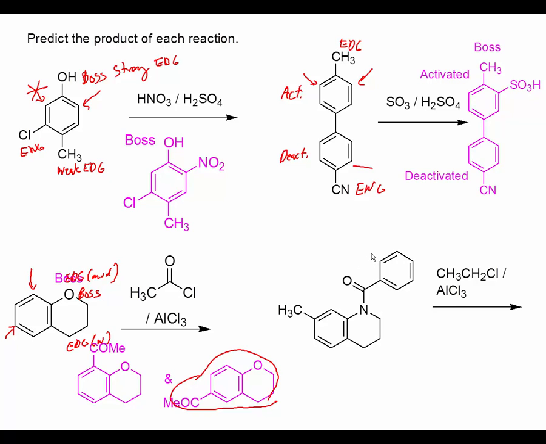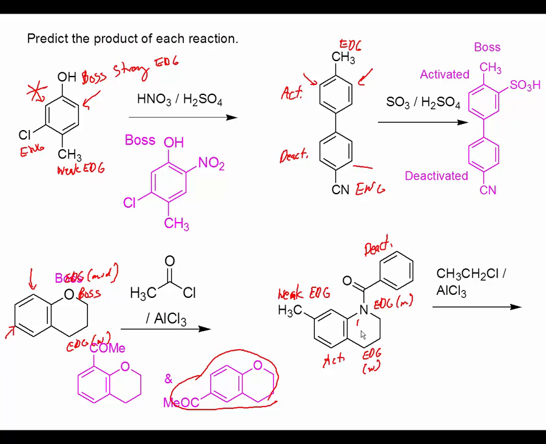Okay, finally this last one, we have two benzene rings. This one is deactivated, this one is activated. Electron donating group that's moderate, electron donating group that's weak, and also another weak EDG, right?